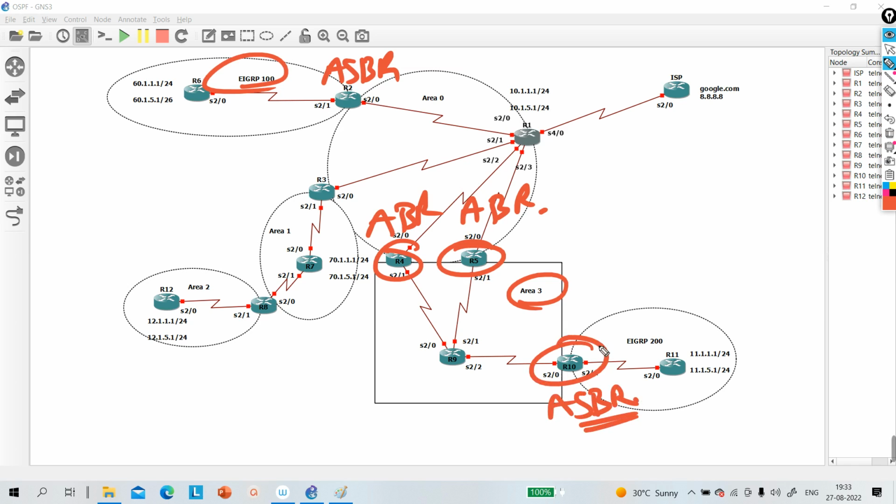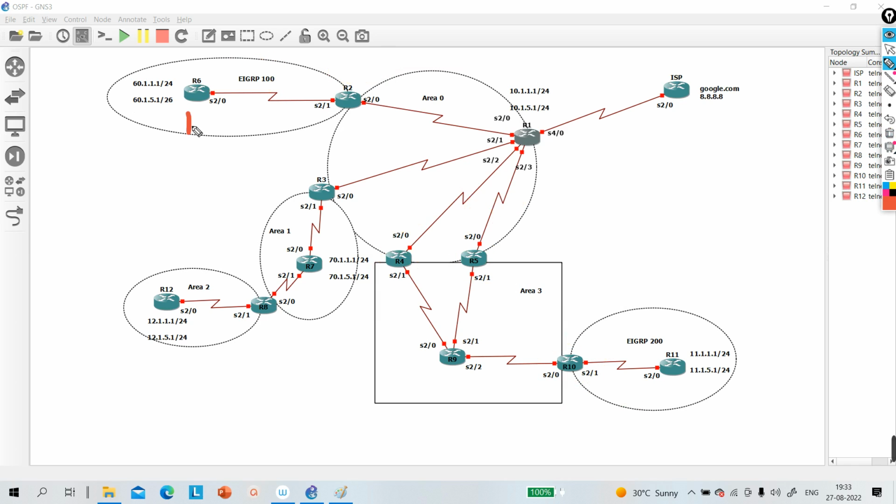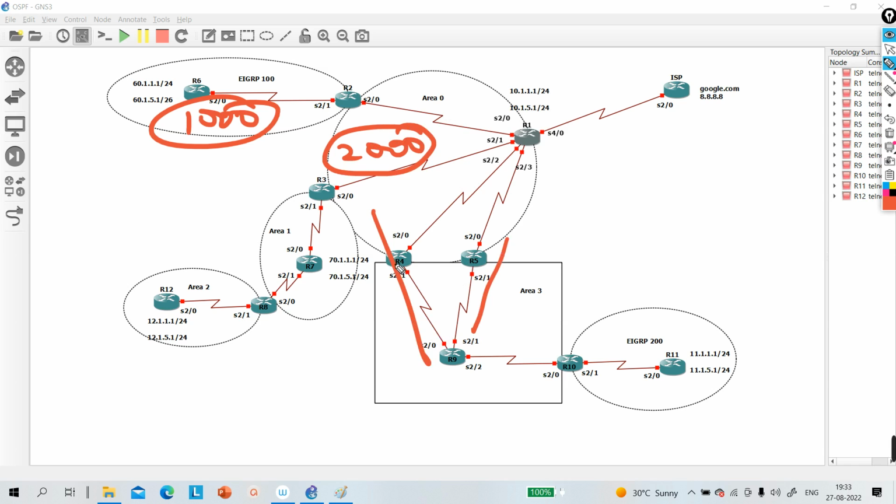Fine. And suppose guys there are 1000 prefixes in EIGRP 100 and suppose 2000 prefixes in OSPF area 0. So router 9 will receive these 2000 prefixes from the ABRs in the form of LSA 3, right? So how many LSA 3 will router 9 receive?